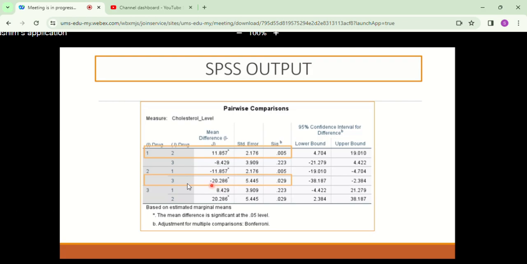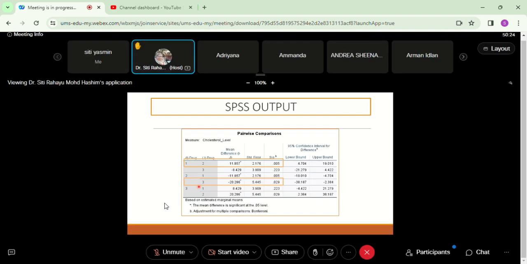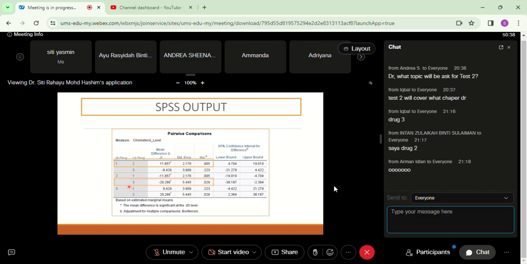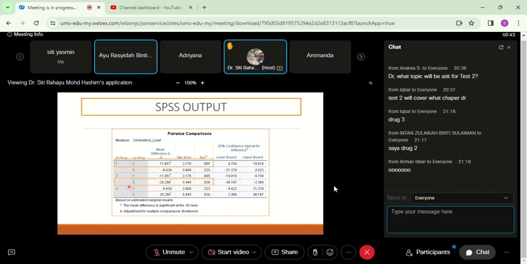Itu menunjukkan kolesterol level mana yang lebih tinggi? 2 ke 3? Ayu Rashidah. Maksudnya drug 3 itu lagi tinggi dia punya kolesterol level.